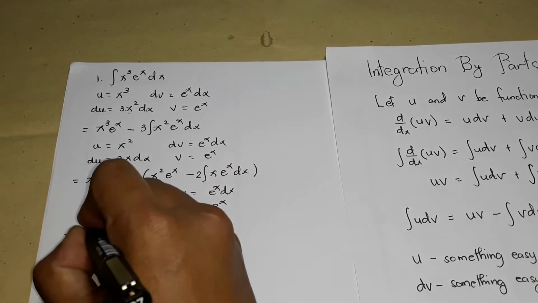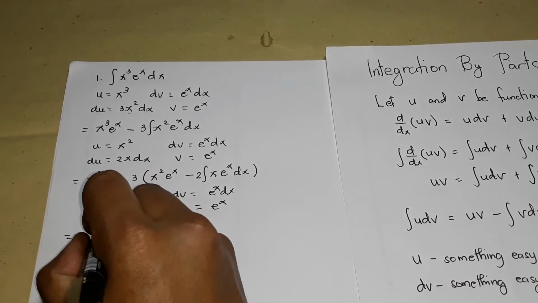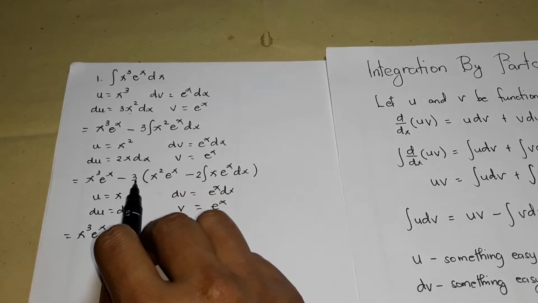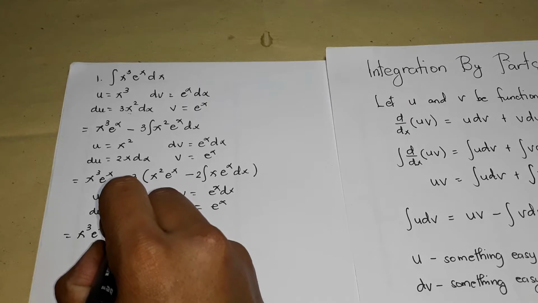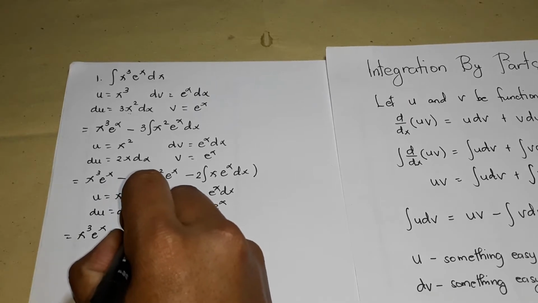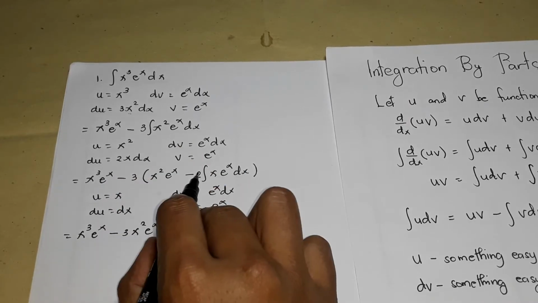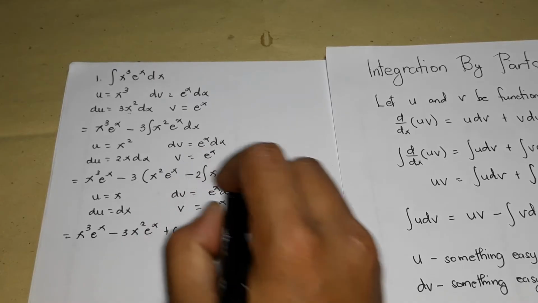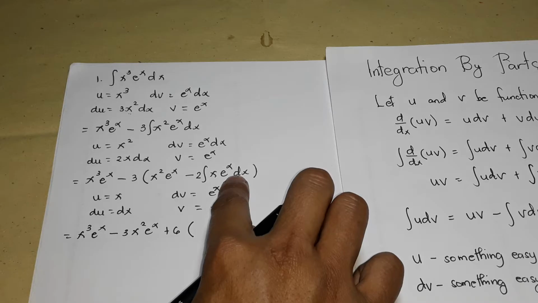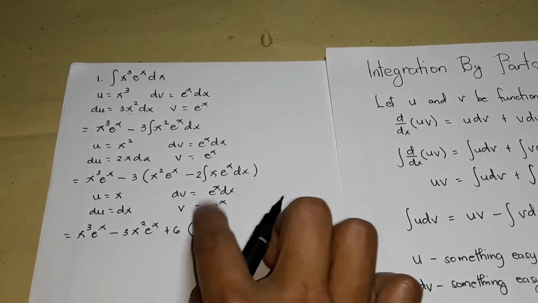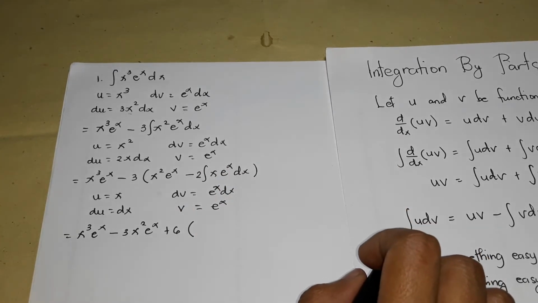Then you have x cubed e to the x minus, and you distribute the 3 to each term inside. We have negative 3x squared e to the x. Negative 3 times negative 2 becomes positive 6. For this part of the integral, you apply the uv minus the integral of v du formula.